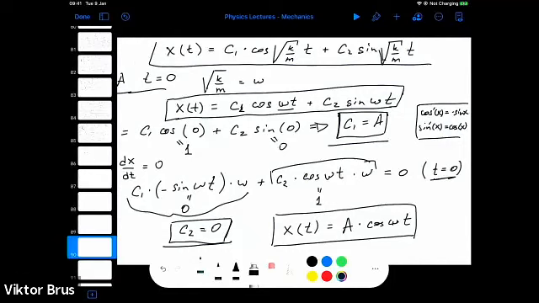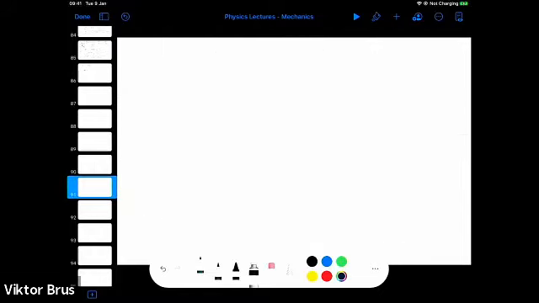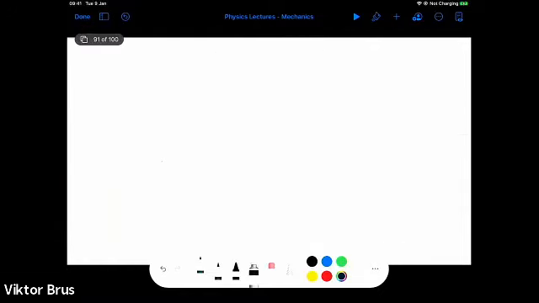Okay, let us write it on a new slide. So x is equal to A times cosine omega t.